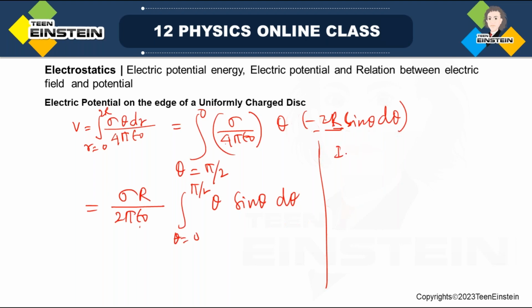Let us write this integration I, theta from 0 to pi by 2, theta sine theta d theta. Such an integration can be done by integration by parts.